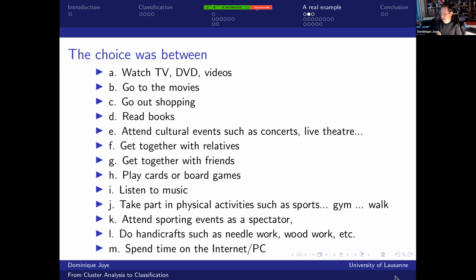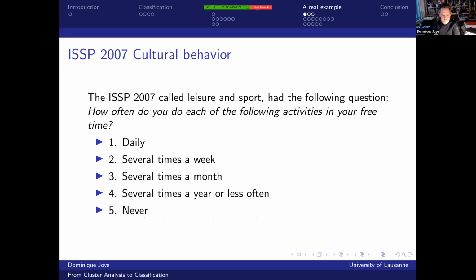Okay, with the scale going from 1 to 5. And of course, the question is, can I do a cluster analysis of these variables? And what can I expect?